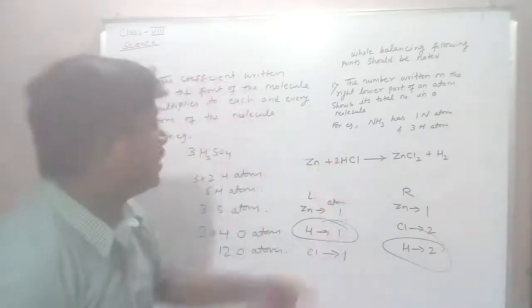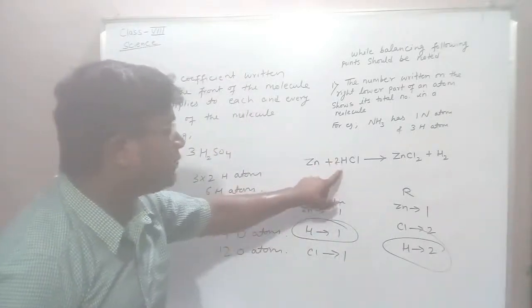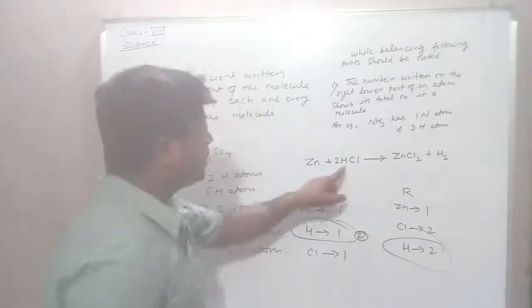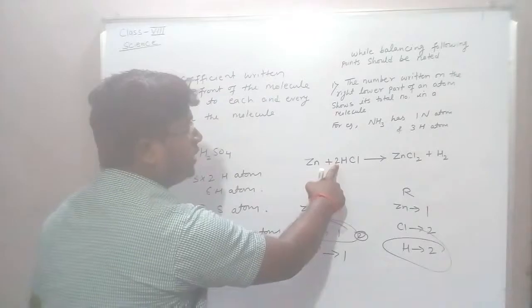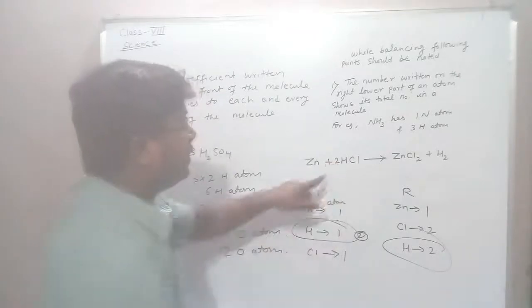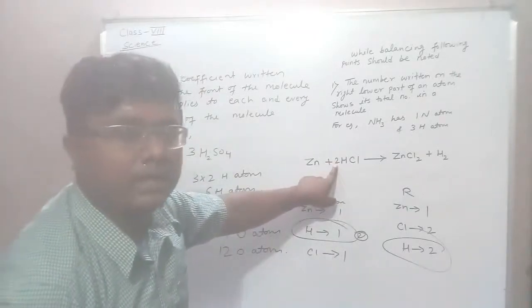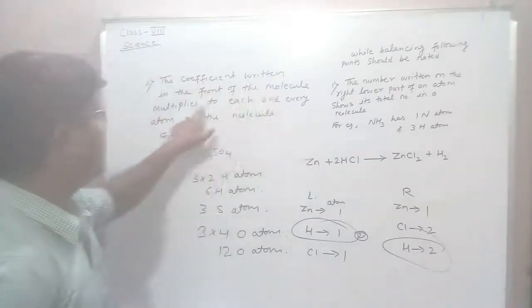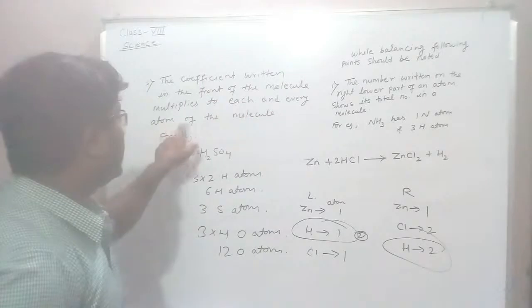What will happen now? In the left hand side, if I write here 2, now hydrogen is 2. Chlorine also, because this 2 is written in front, that is a coefficient. Just this rule: the coefficient written in front of the molecule multiplies to each and every atom of the molecule.